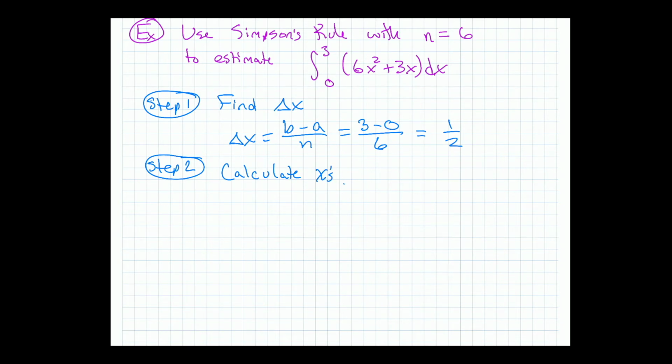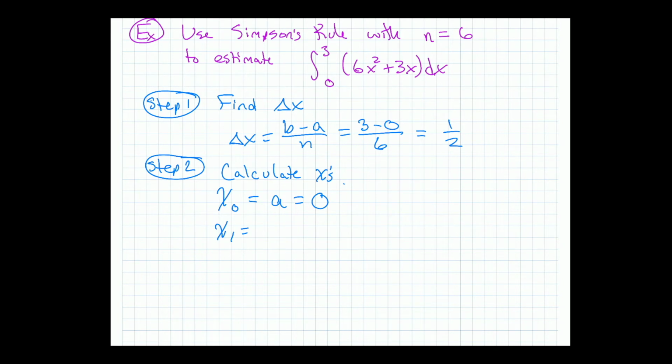Now, your first x, we number them at 0. Something you may not have noticed, but we did, was that for the midpoint rule we started numbering at 1, and for Simpson's rule and trapezoidal rule, we start numbering at 0. So just keep that in mind.